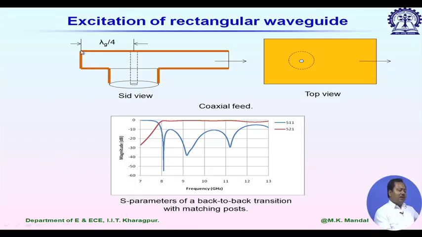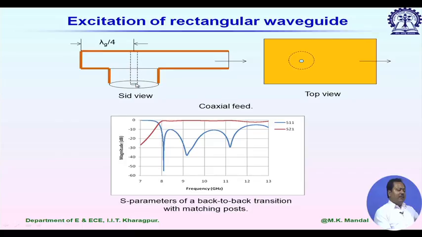and on the left-hand side we are using a shorting plane which is lambda g by 4 away from the midpoint of the central conductor, and the top point of the central conductor is soldered on the broad side of this rectangular waveguide.